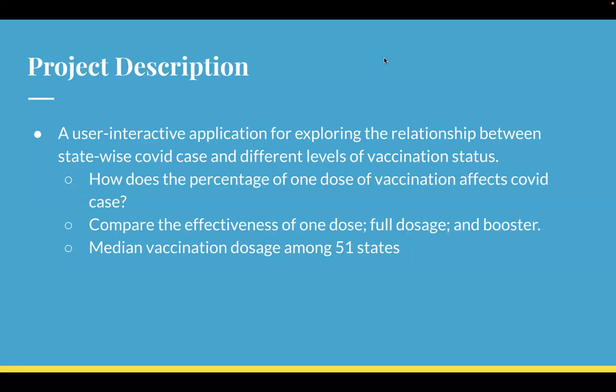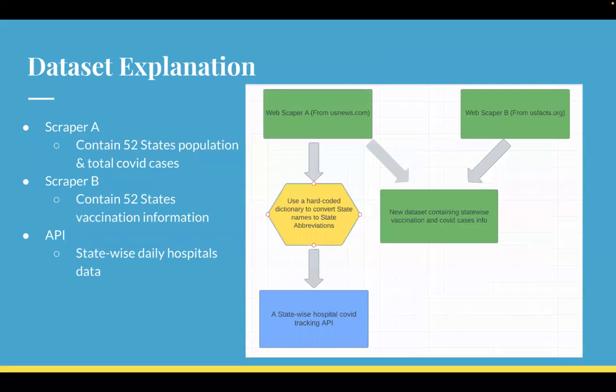So, in order to solve those questions, I started with two web scrapers and one API fetch. From the graph on the right, you can see that my web scraper one is fetching HTML data from usnews.com. What I get is statewide population and statewide total COVID cases.